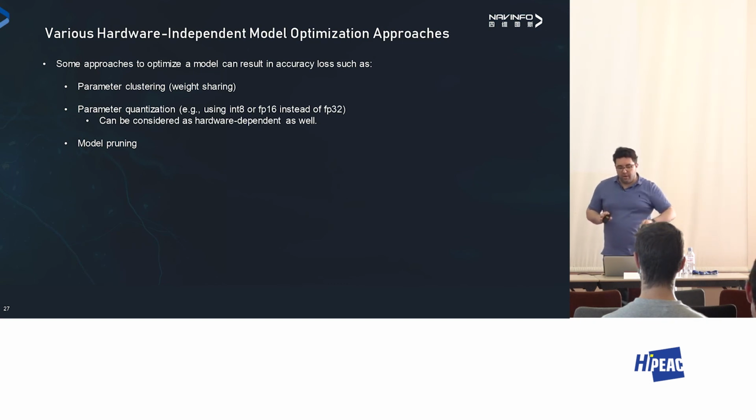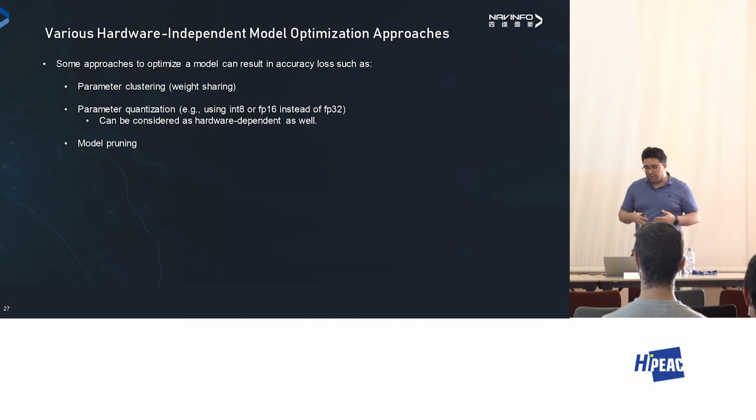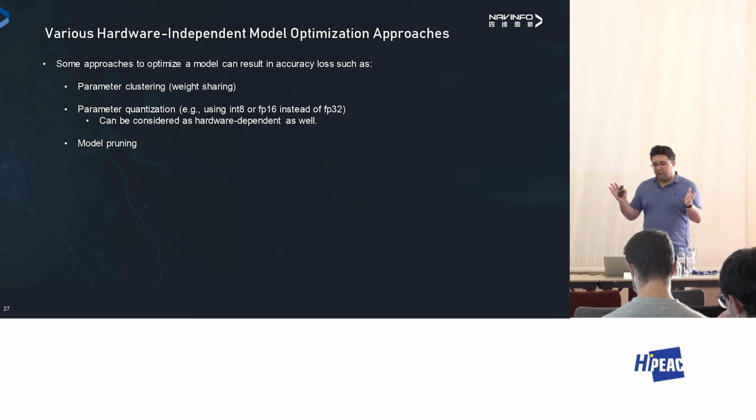This is a very well-known technique. Probably hundreds or thousands of works have done that with the purpose of optimizing the model. And that is simply just reducing the size of the model, because imagine that you have 4 million parameters in a model. Each of them requires, for instance, 4 bytes, because they are 32-bit floating points.